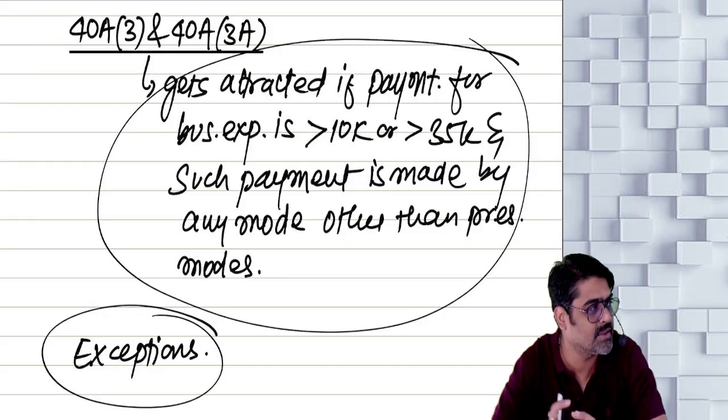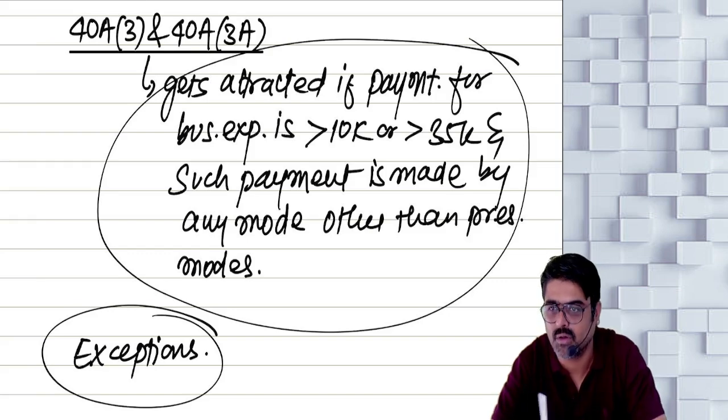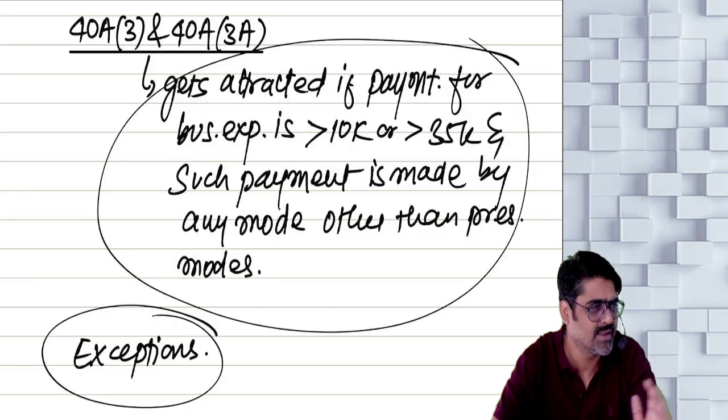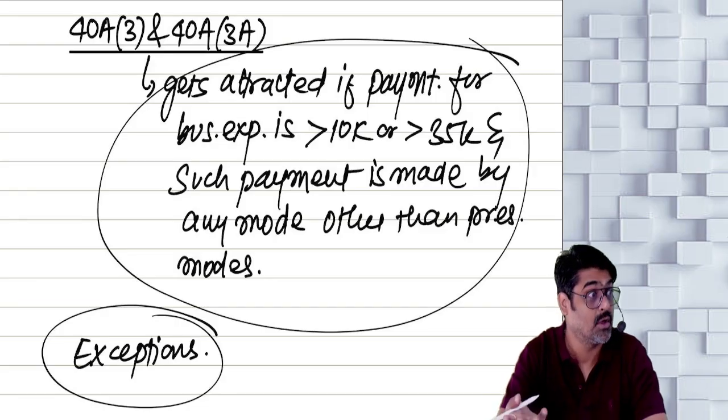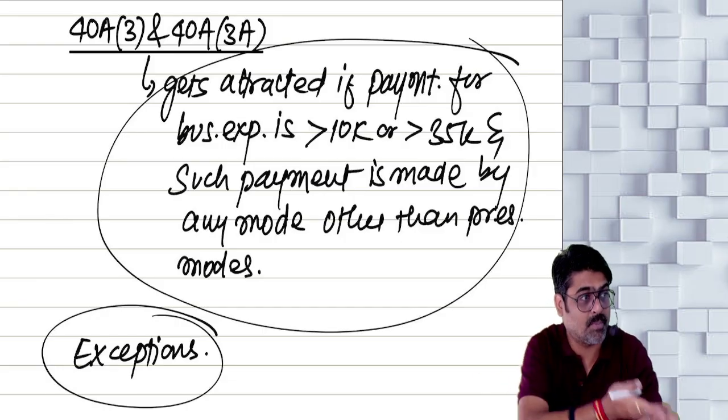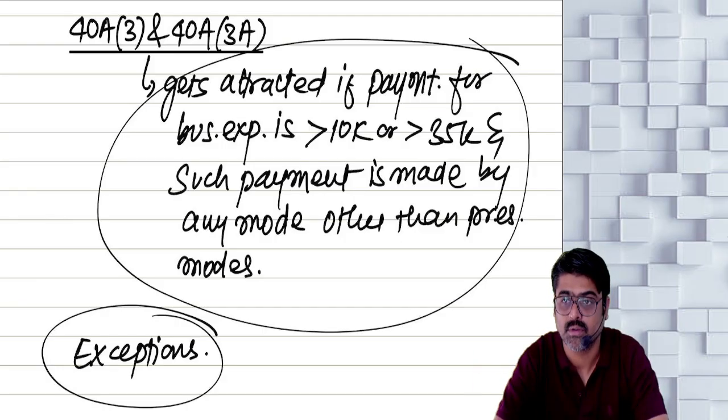Now, in the examination, what is happening? The moment you saw that the payment is more than 10,000 or 35,000, as the case may be, and this payment was made in a day to a person, this is a payment for business expense, and this was not made by prescribed modes, you immediately disallowed that payment as per 40A(3), or you immediately considered that amount as deemed PGBP income as per 40A(3A).